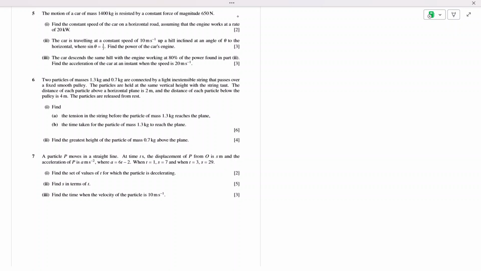Okay, the first thing, I'm going to draw the scenario again. It looks something like this. We have a pulley, right? Then the string goes down. It says we have 4 meters from the pulley, maybe right about that distance.